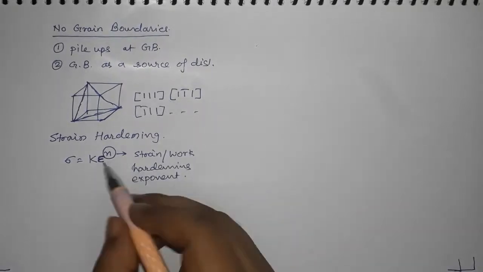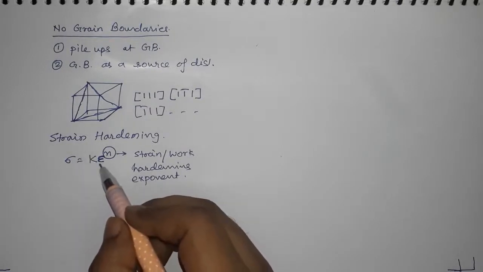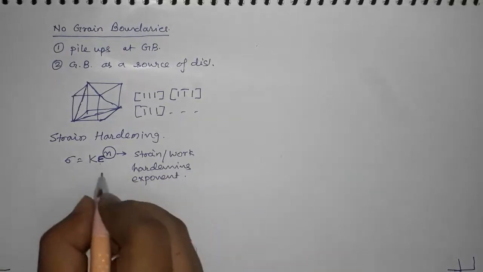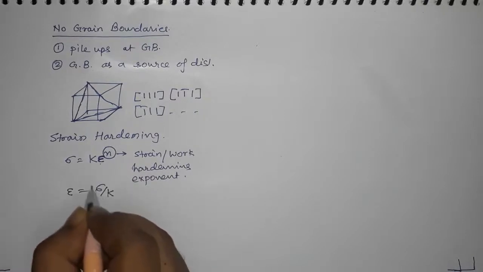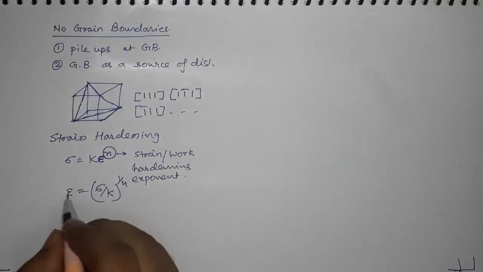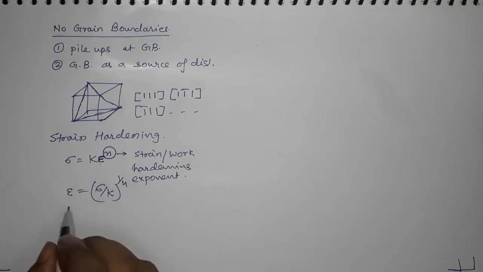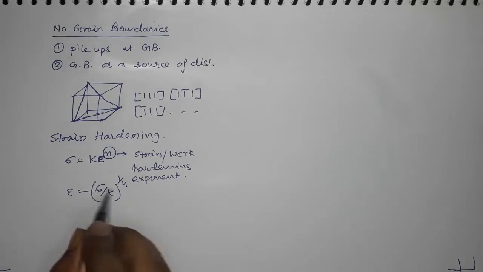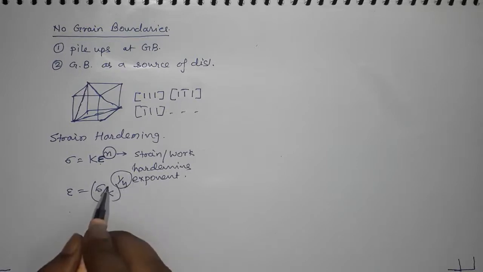Okay, because if you need more stress to create the same amount of strain, right, then you can describe strain is equal to sigma by k to the power 1 by n, right? And if for the same amount of strain in the next increment of strain, you need more stress, this power has to be decreasing. That means n has to increase, right?